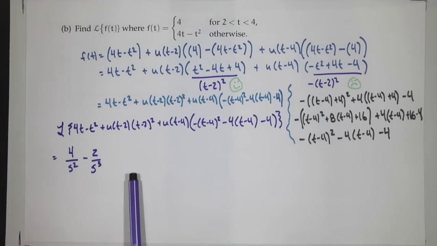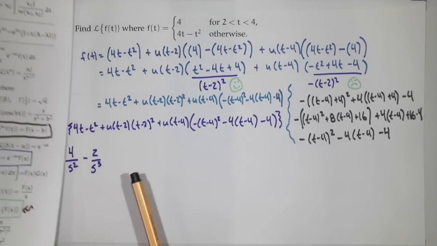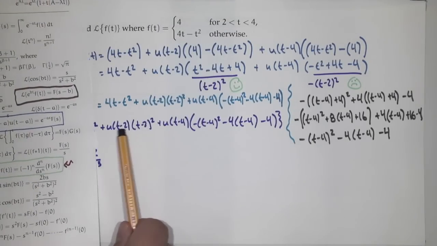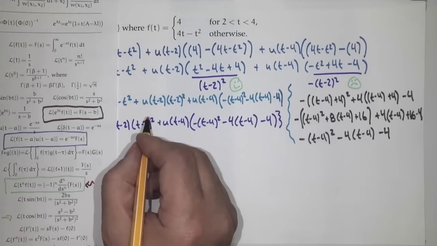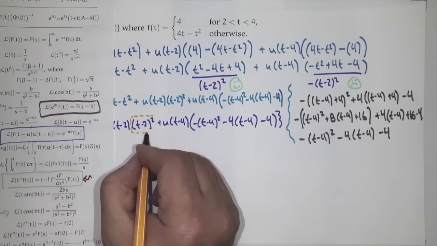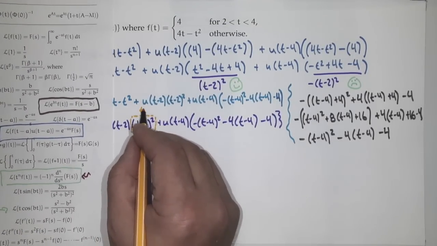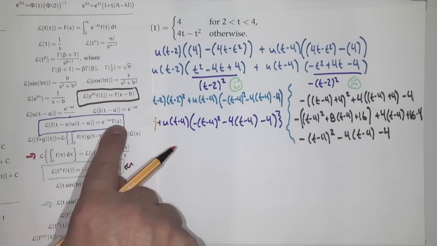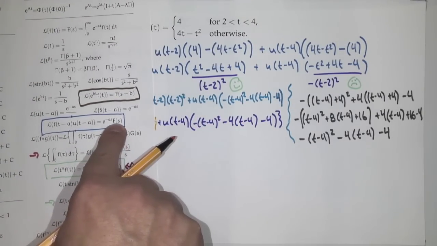Now, u of t minus 2 times t minus 2 squared. Remember our rule. Our function has been written in terms of t minus a, so we're really thinking our underlying function would just be a normal t squared. I just want to take t squared to get that F of s.